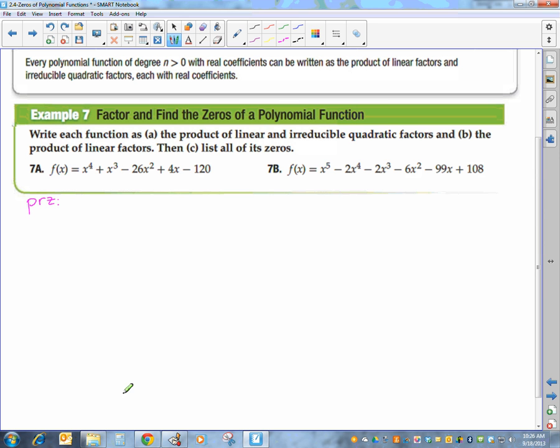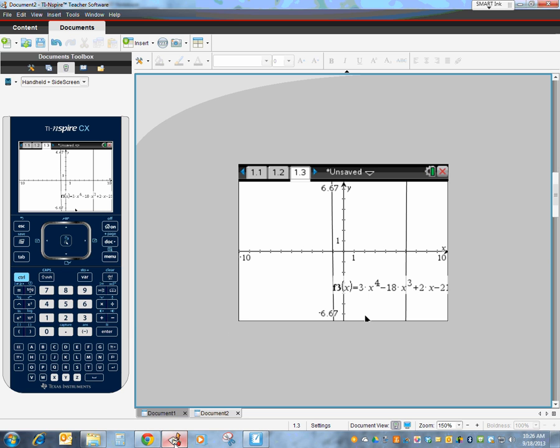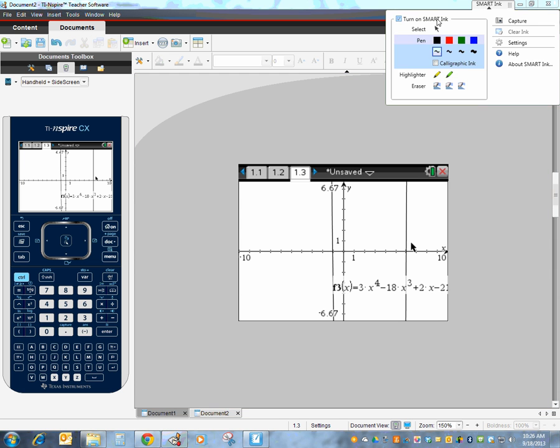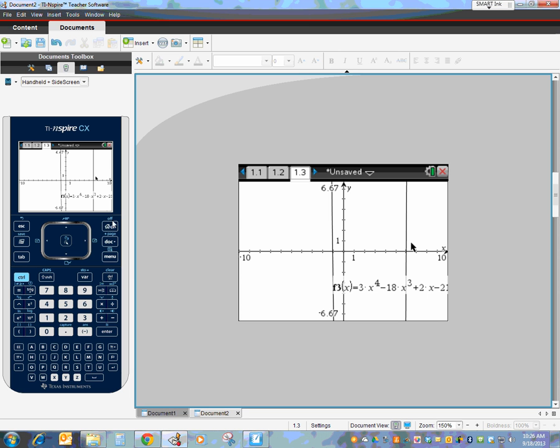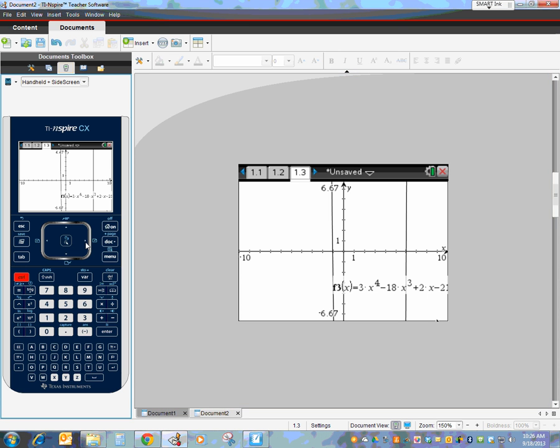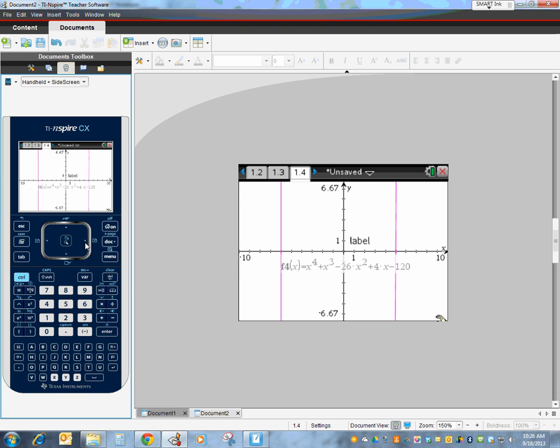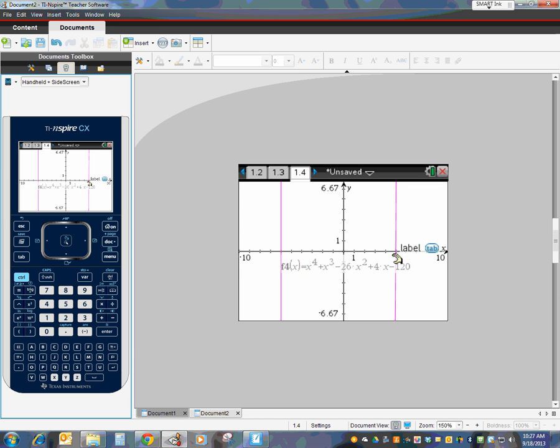So I'm going to go to my graph, and I have x to the 4th minus x cubed minus 26x squared plus 4x minus 120. So that looks like we have a 0 at 5, and a 0 at negative 6.